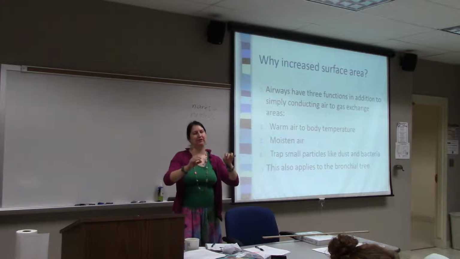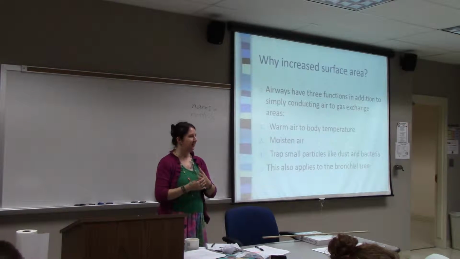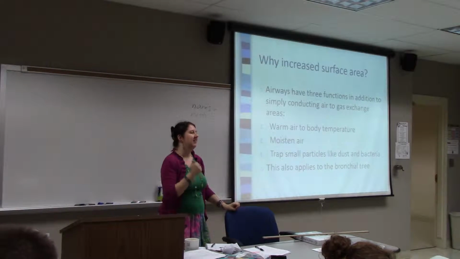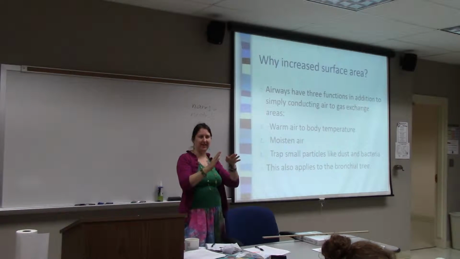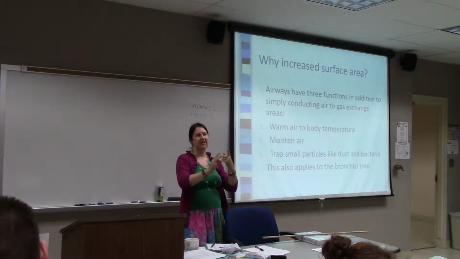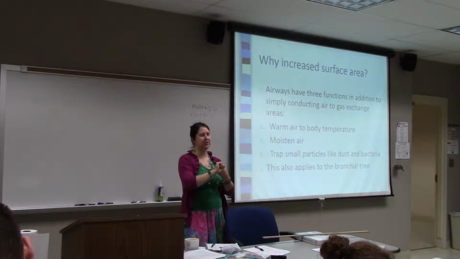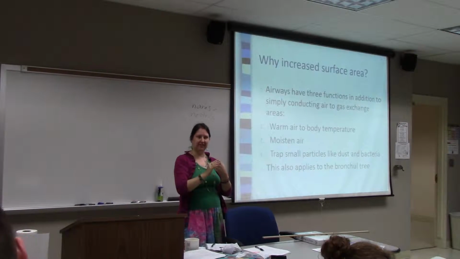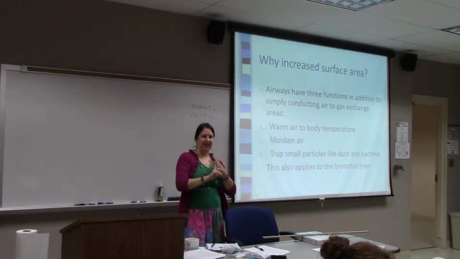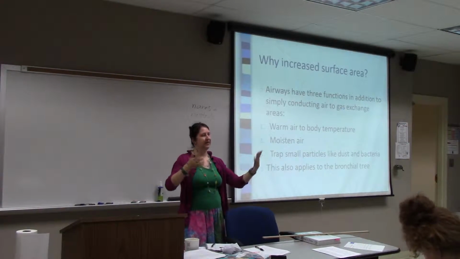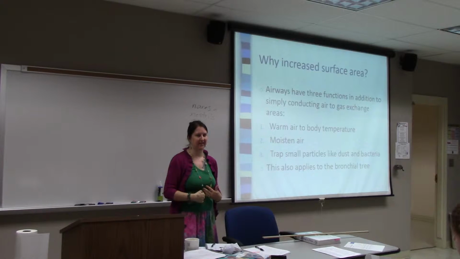So the more surface area the air has to pass by getting to the gas exchange areas, the more it contacts the epithelium where mucus can trap the particles. The water of the mucus can evaporate into the air if necessary, and the capillaries in the walls have heat in the blood to heat up that air as it comes down.